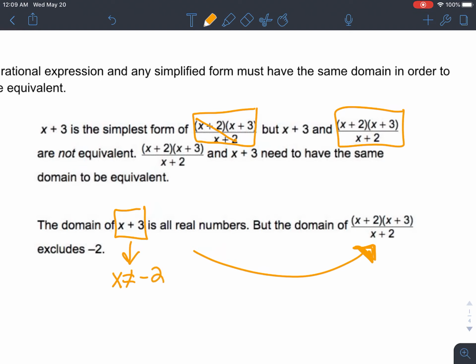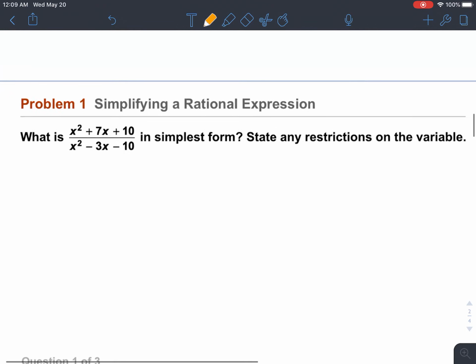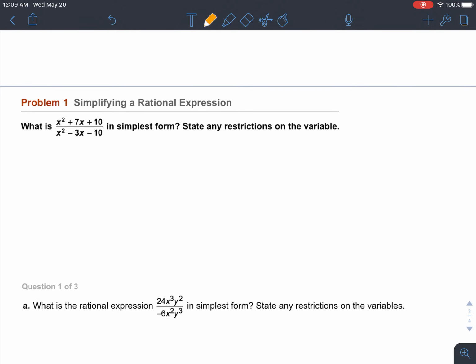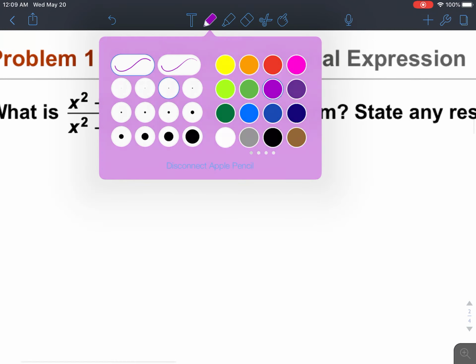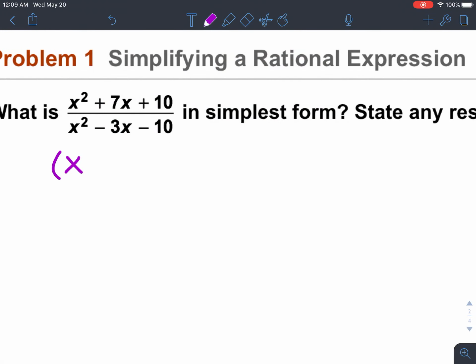Okay, so let's just have some practice here. Okay, so what is the simplest form, and state any restrictions on the variable? Okay, so the first thing we're going to do is factor to see if any factors will cancel.